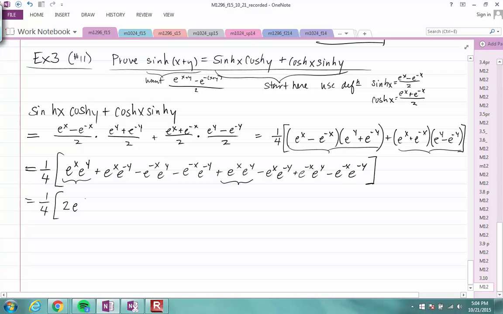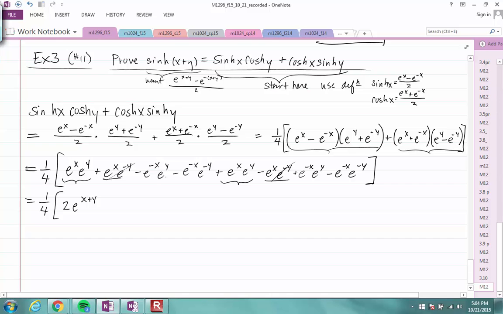Same base, add the exponents, that's actually e to the x plus y, which is encouraging because we want some stuff like that. Next thing, e to the x times e to the negative y. We got one hanging out there, it's negative, that's perfect, because then I can just cross it out and not write it down again. They sum to 0.